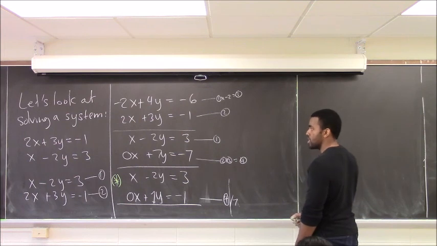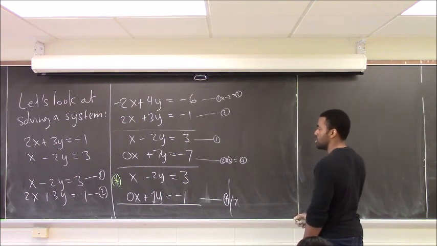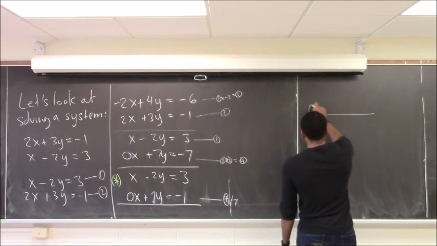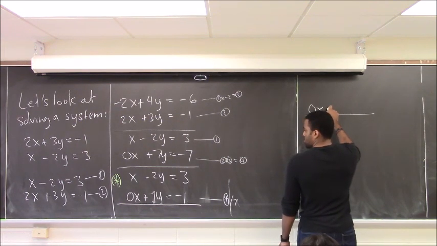So let's say I wanted to eliminate the x now. Well, I want to solve for the x, which means I need to eliminate the y's. What would I do at this point? How could I do that? Multiply the bottom by -2. Okay. You want negative 2?